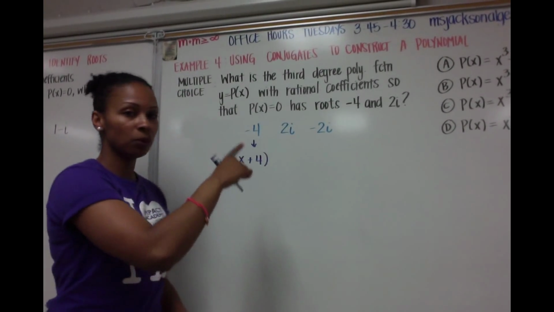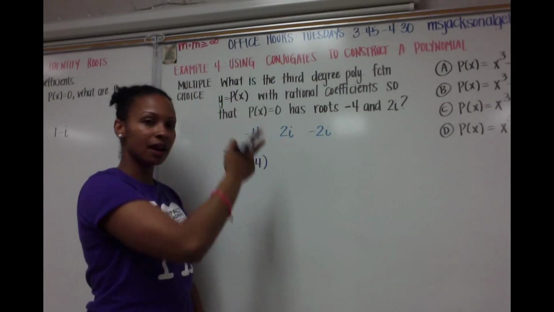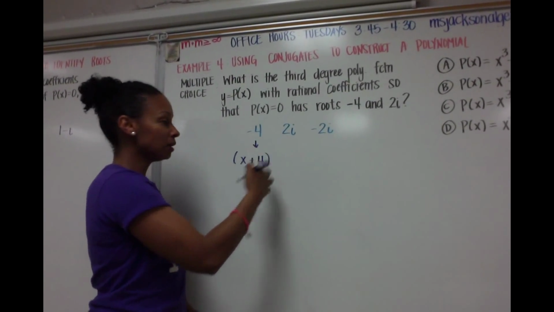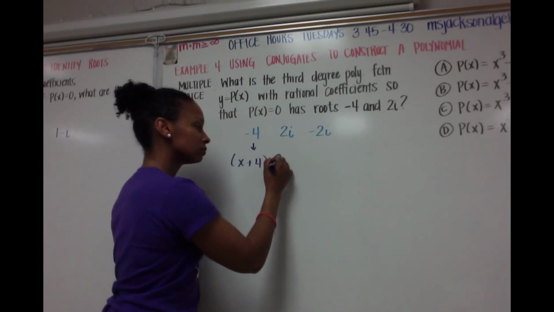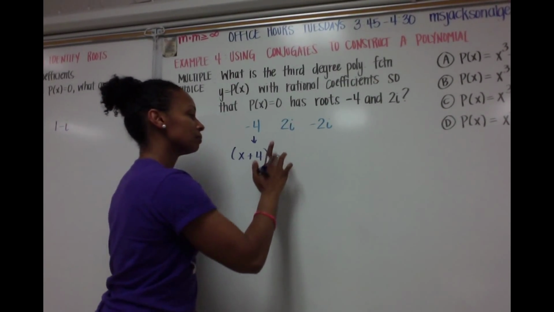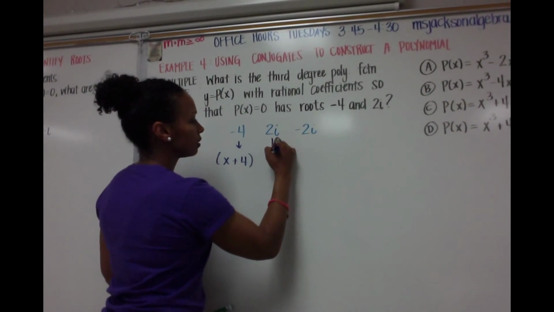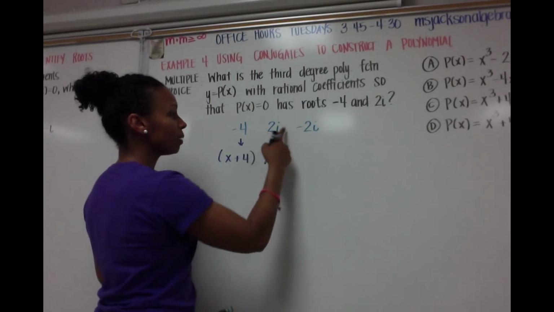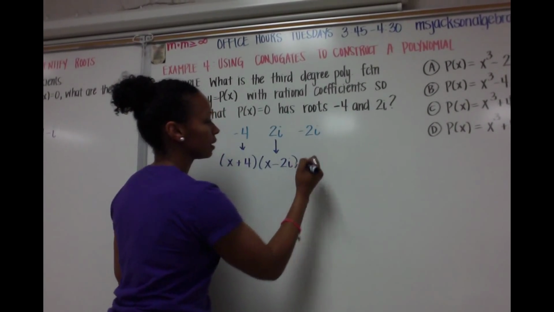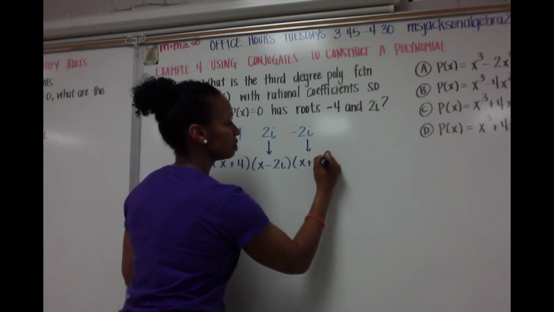Remember, when we're putting them back into binomials, you have to take the opposite. This is -4, so we take the opposite, because if we set this equal to 0 and solve, we would get -4. That is why it's flipping. Doing the same thing, this is +2i, so we do x minus 2i. And then this one flips to x plus 2i.